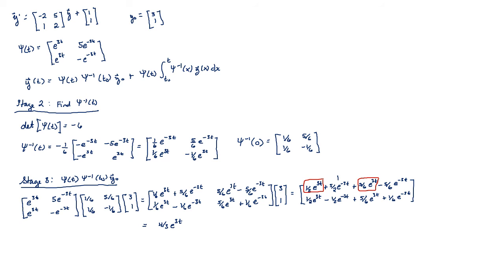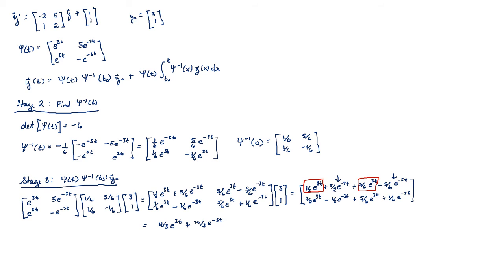And then looking at the e to the minus 3t pieces, I've got minus 5/6 and plus 5 halves. But plus 5 halves would really give me 15 over 6. So 15 and 5 is 20 over 6, or 10/3. So the entry in my top row is 4/3 e to the 3t plus 10/3 e to the negative 3t.